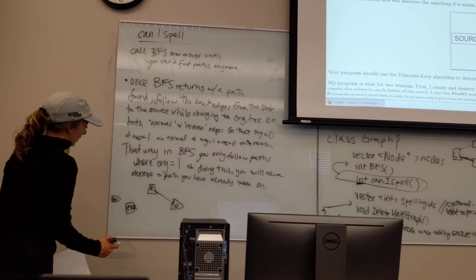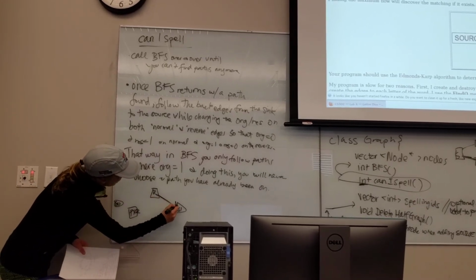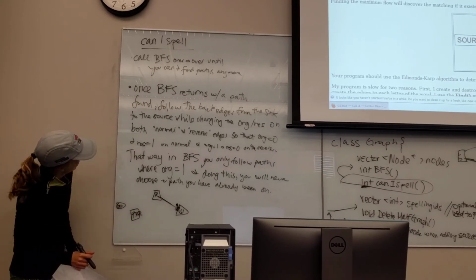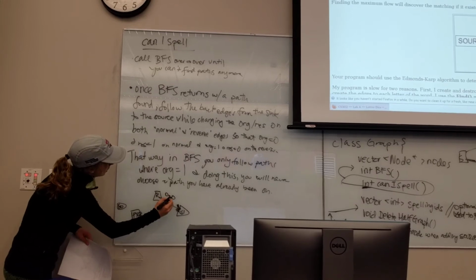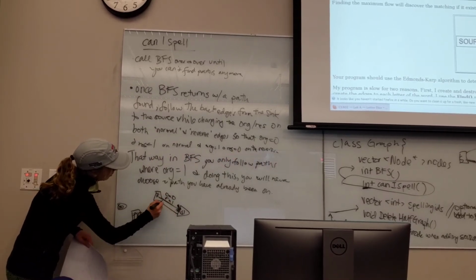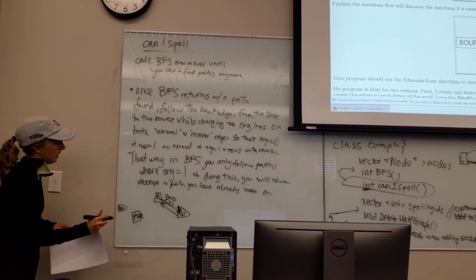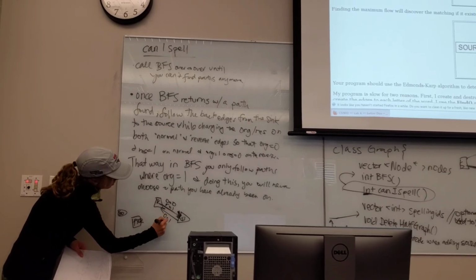When I follow the back edge that led me from R to the sink, I take this edge and change its original to 0 and its residual to 1. And then I look at this edge's reverse edge, and I take the reverse edge and make its original 1 and its residual 0.